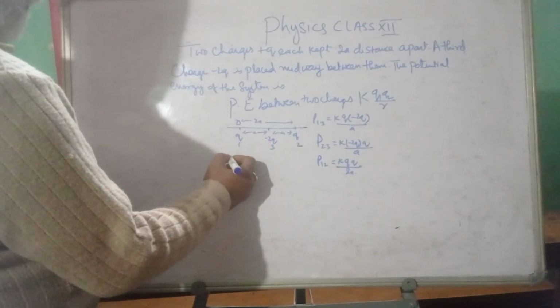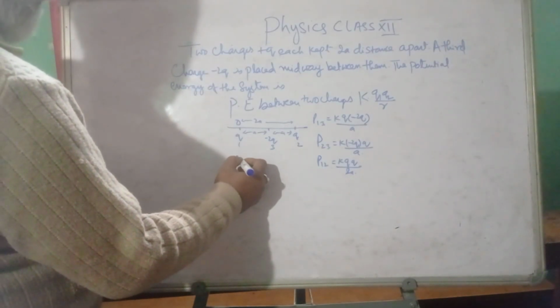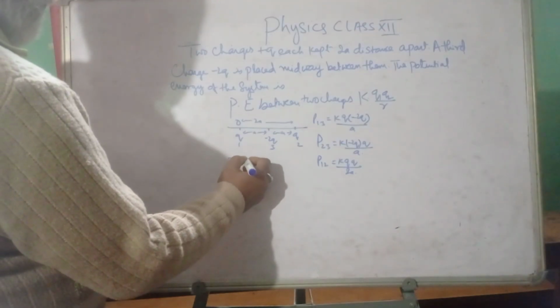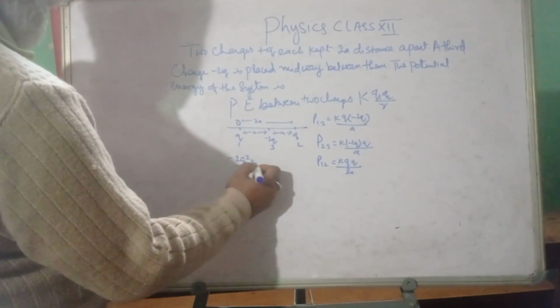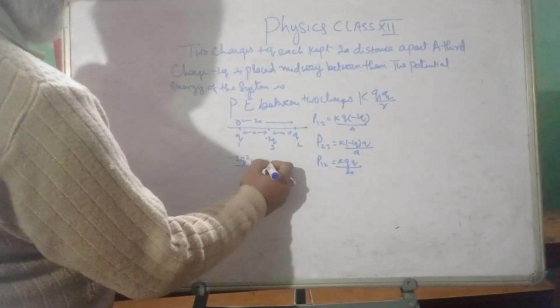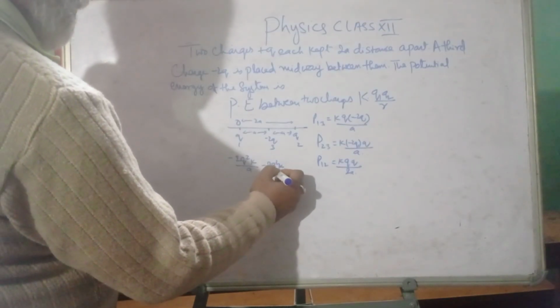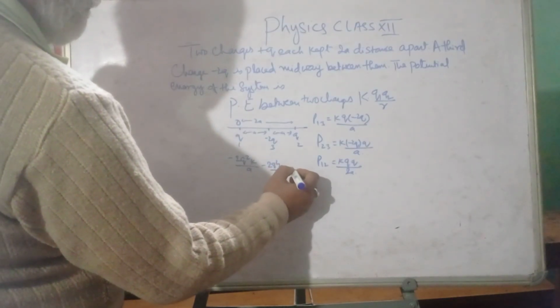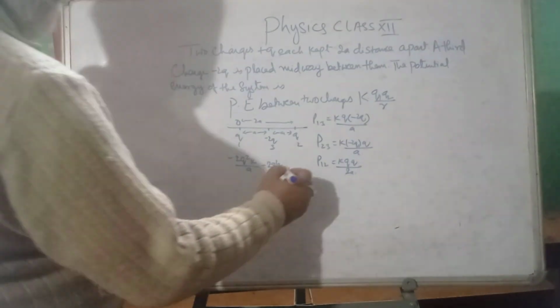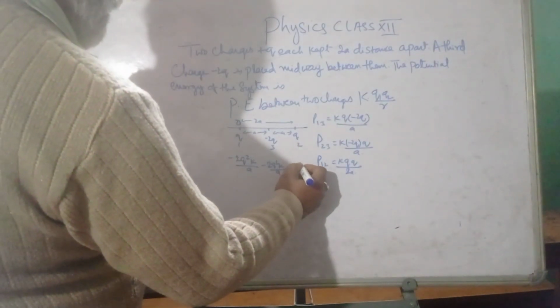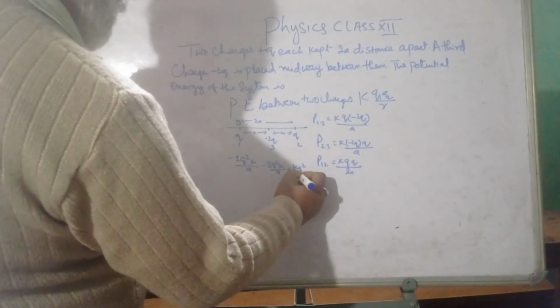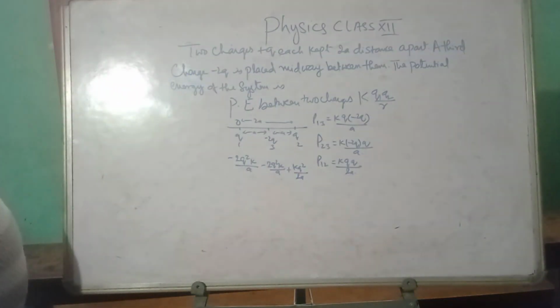That means minus 2 q square k by a, minus 2 q square k by a, plus k q square by 2a. Just add it up.